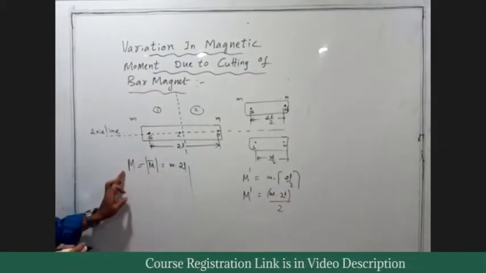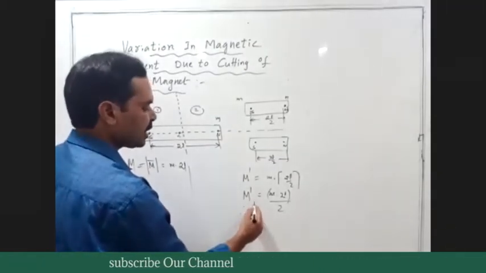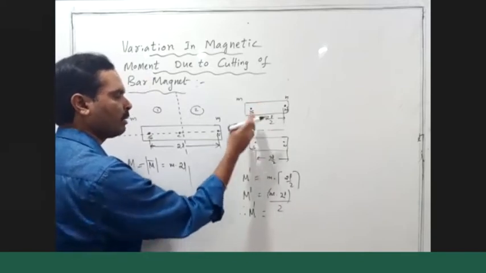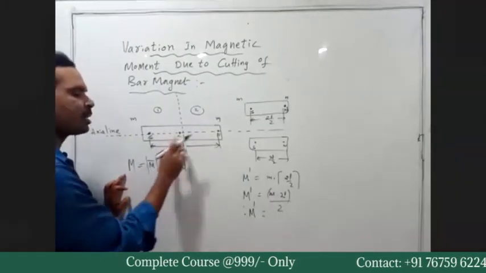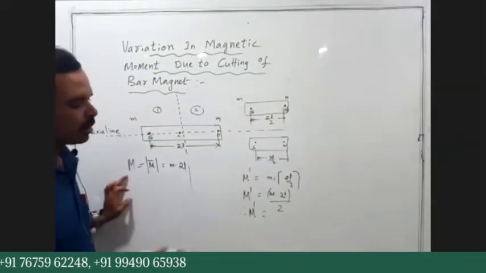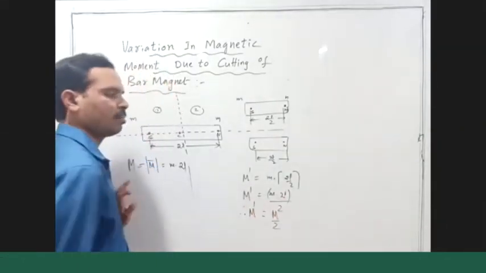Therefore, after cutting into two parts, each short magnet's magnetic moment M dash is M by 2.